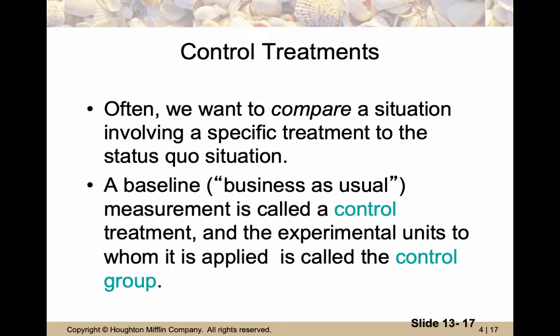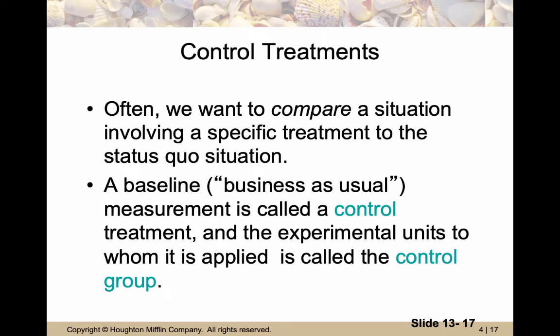In experiments, we often want to compare a situation involving a special treatment to the status quo situation. If we're trying to see if something new is more effective than what's being done, if we come up with a new pain medication and we want to know that it does better than acetaminophen, Tylenol, then we would have a control group of people that took Tylenol when they had headaches and a group of people who took this new medication whenever they had headaches.